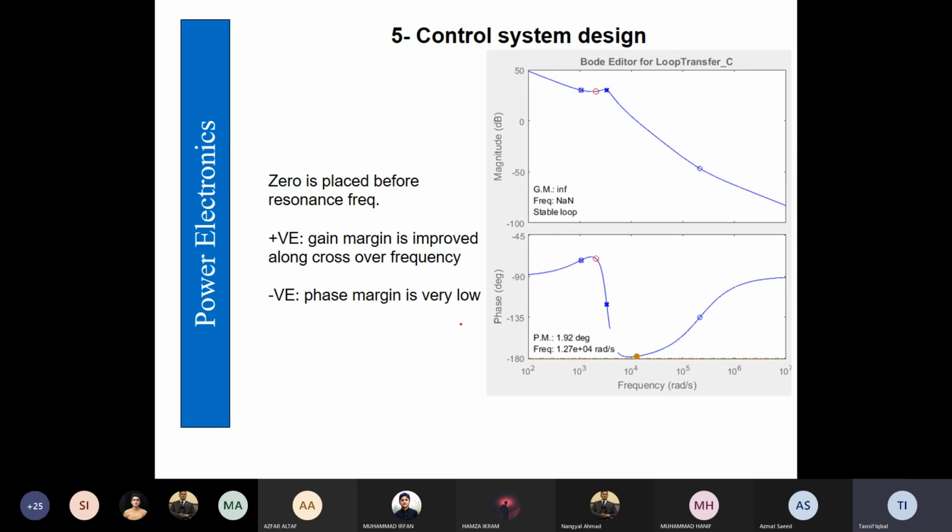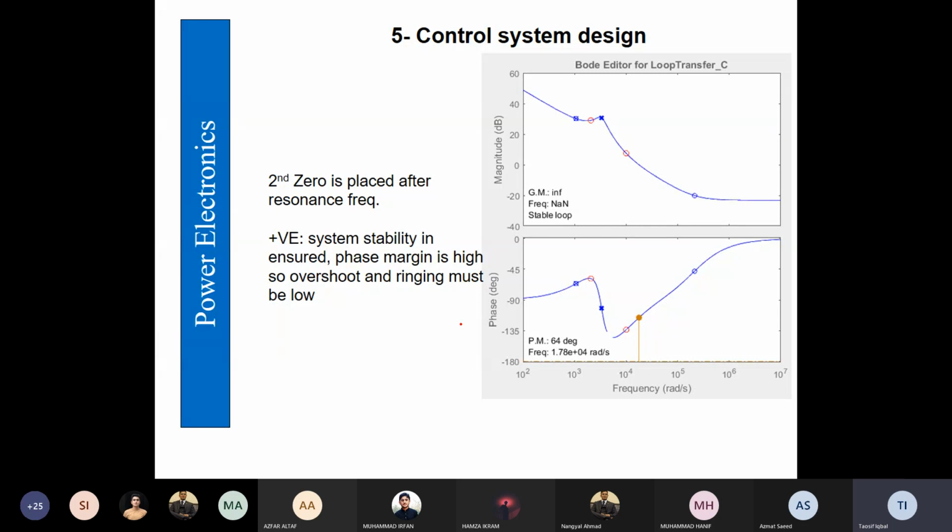So now we place a zero before the resonance frequency that adds 90 degrees to the phase plot, and then we again add another zero, and this is how the loop gain looks after implementing PID.